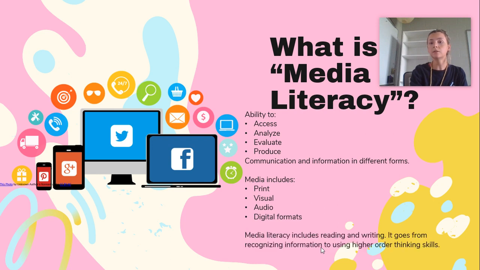Media literacy, so combining literacy with the media, it includes reading and writing, and it goes from recognizing information to using higher order thinking skills. So this lesson is really focused around taking the basics of media, evaluating them for what they are, and digging deeper into the media and the literacy behind it, and using higher order thinking skills to reach that.